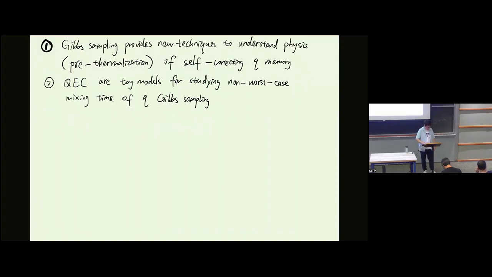So our model today will be super simple. We will consider CSS stabilizer code, which is just a commuting local Hamiltonian with X and Z checks.